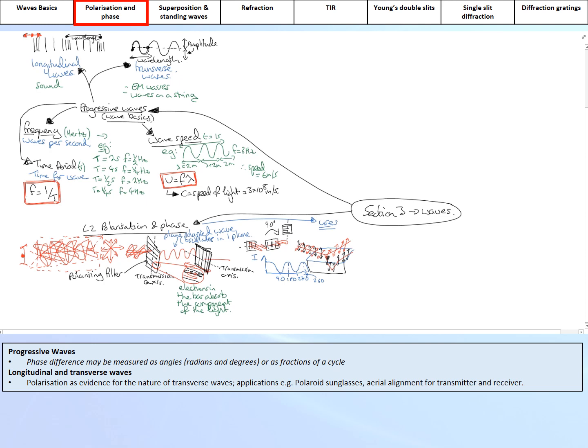So, if you want to block the reflection from the top, you need to absorb the horizontal light.